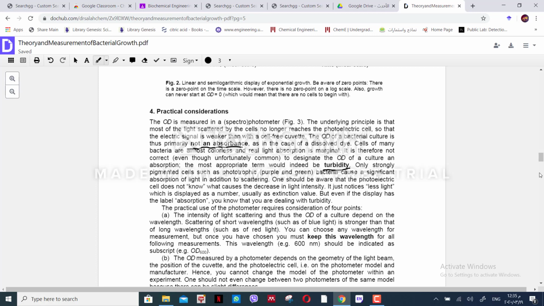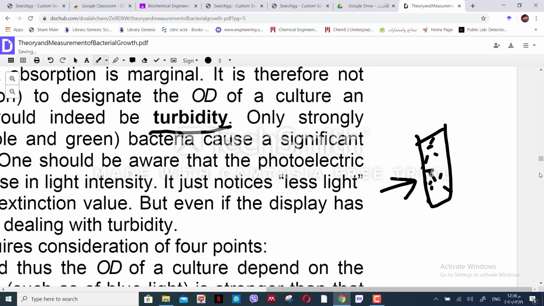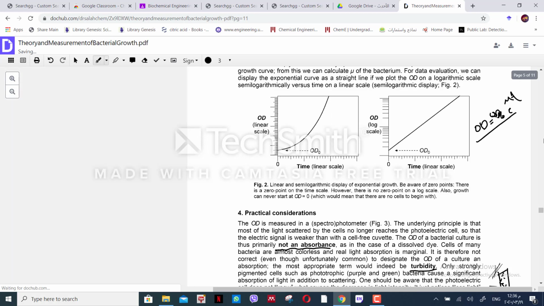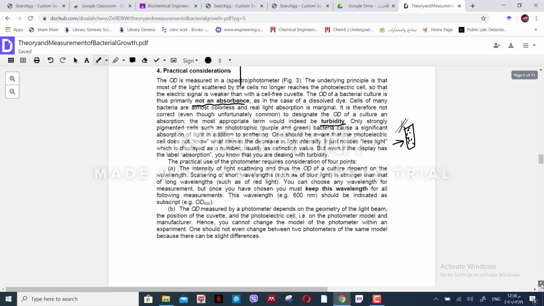So we will have to expect that when light comes to our cells here, some cells will absorb light and some will scatter light. One should be aware that the photoelectric cell does not know what causes the decrease in light intensity.